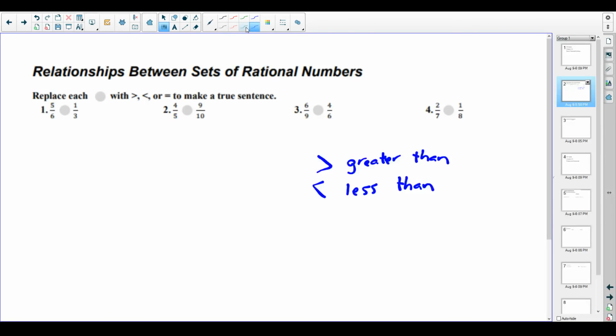And then you can remember that the alligator, this is my alligator, no wait, its foot's on backwards. Here's this foot, other foot, body, eyeball, scales. The alligator eats the bigger number. Okay? So it always opens up towards the bigger of the two numbers.